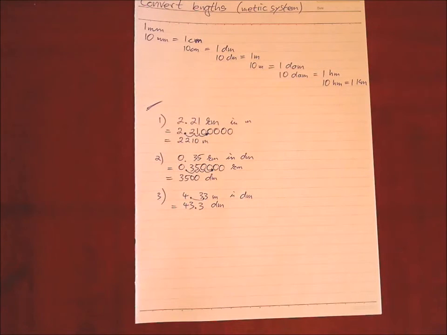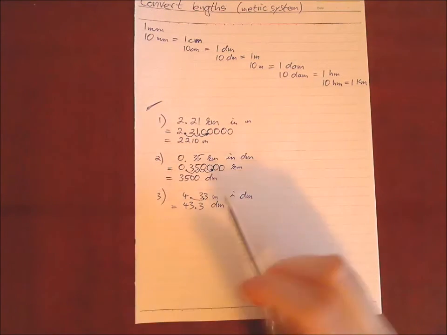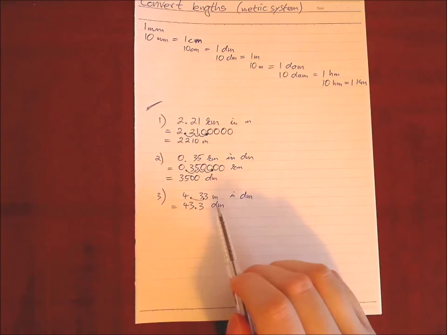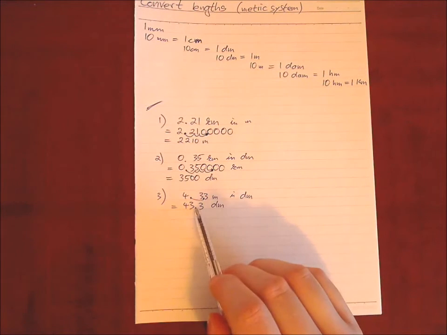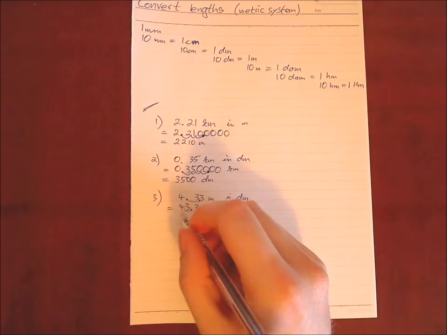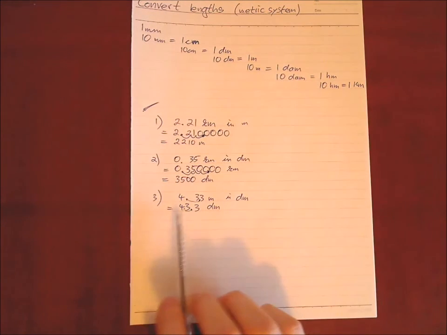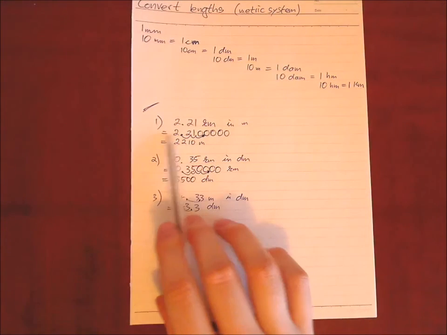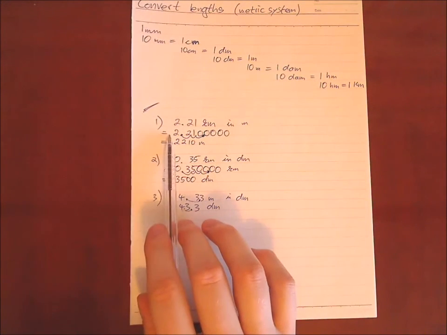It's actually quite easy. If we did it the other way, then we just move the dot the other way. So if we would write decimeters in meters, we would just move the dot by 1. And as you can add zeros at the end, you can also, the same way, add zeros at the beginning, just as a help for you.